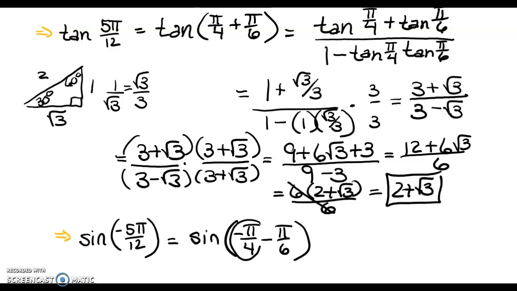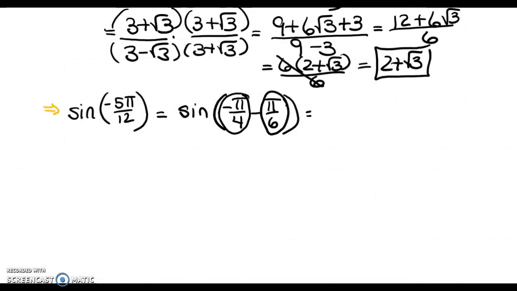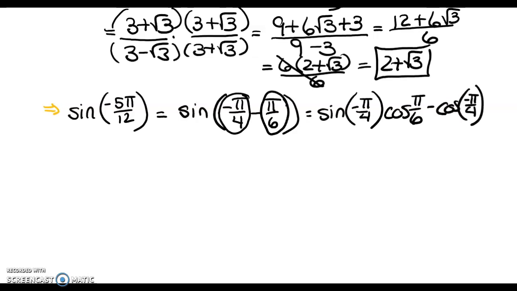This is my A. This is my B, and I'm going to use my subtraction formula. So I get the sine of negative pi over 4 cosine of pi over 6 minus cosine of negative pi over 4 sine of pi over 6.